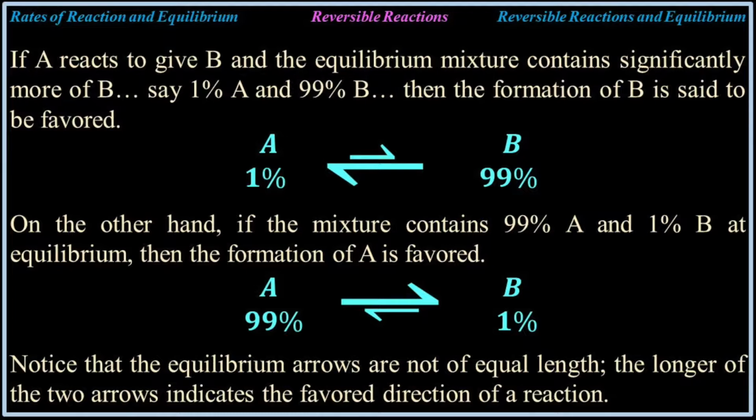On the other hand, if the mixture contains 99% A and 1% B at equilibrium, then the formation of A is favored. Notice that the equilibrium arrows are not of equal length. The longer of the two arrows indicates the favored direction of a reaction.